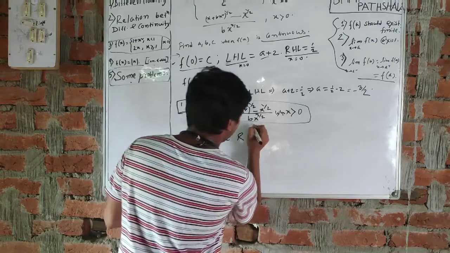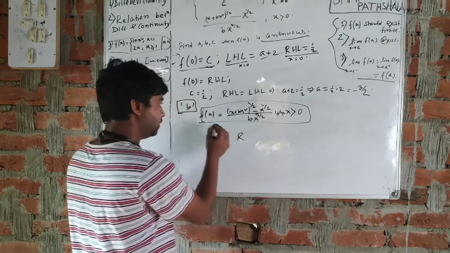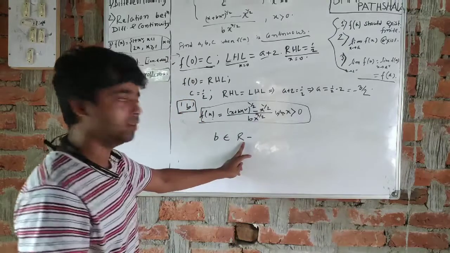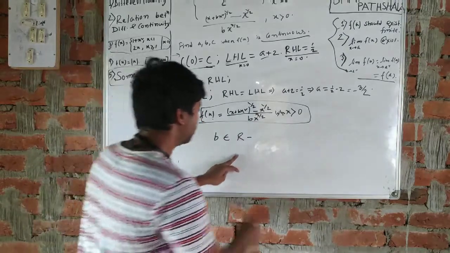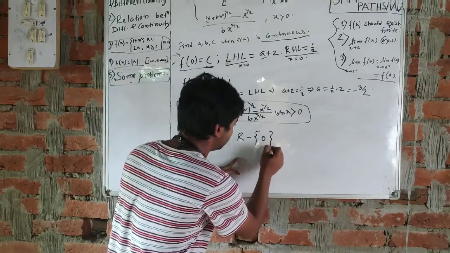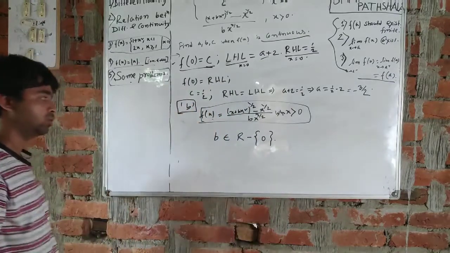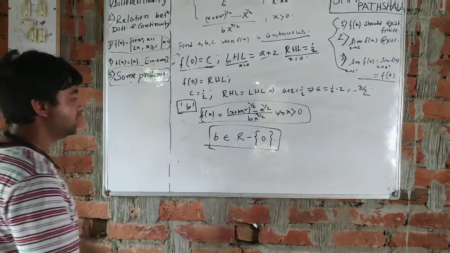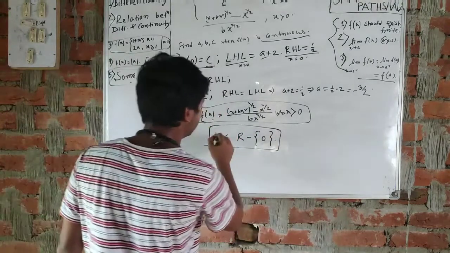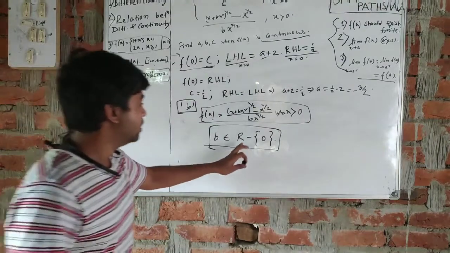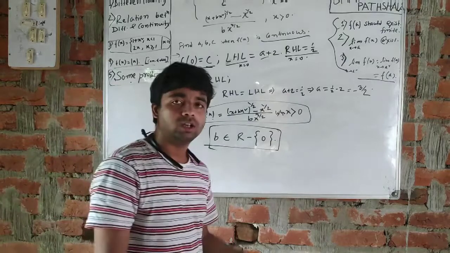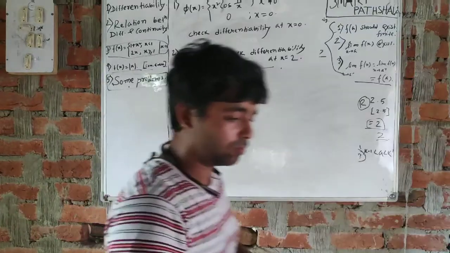No, not for all values. Here, this function is undefined when b is equal to 0. So now, from this real number set of values, we need to subtract the set containing 0. So b belongs to any number from the set R minus 0. Now let us solve another.